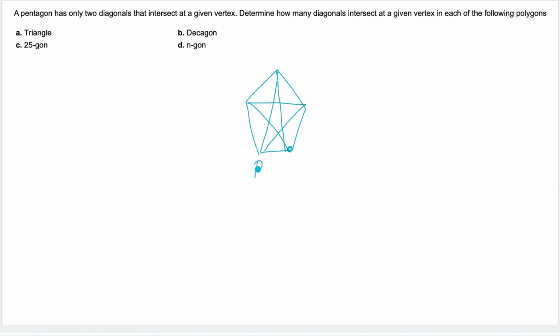For a pentagon, I know from each vertex I can draw 2 diagonals. Oh, that means I can have 10 diagonals, right? But if you count them, we have only 1, 2, 3, 4, 5. Hey, that's not 10 diagonals. Why? I want you to consider that. Why don't we have 10 diagonals, even if we know that from each vertex we have 2 diagonals?